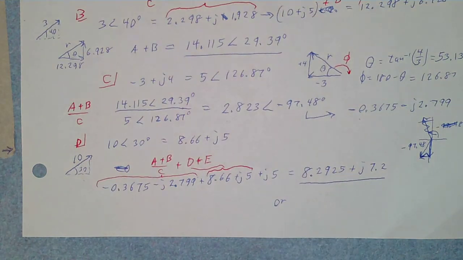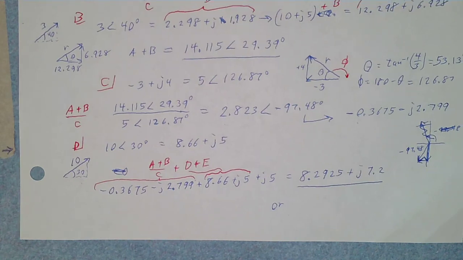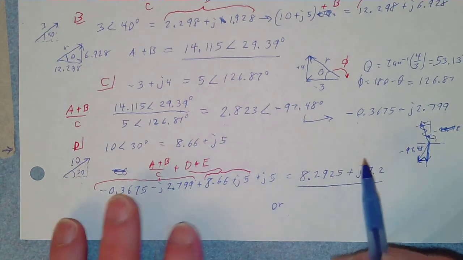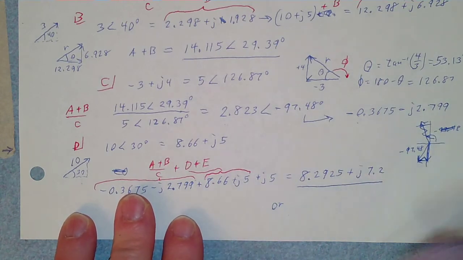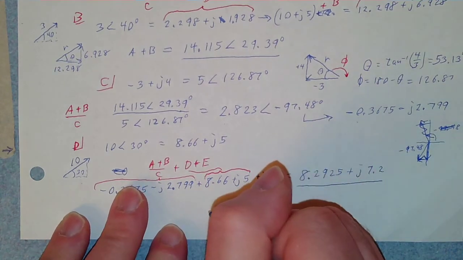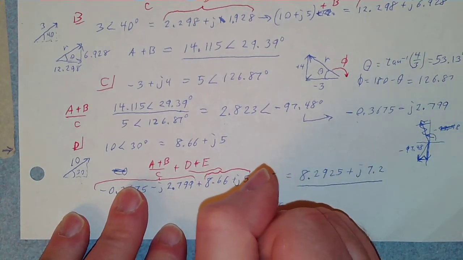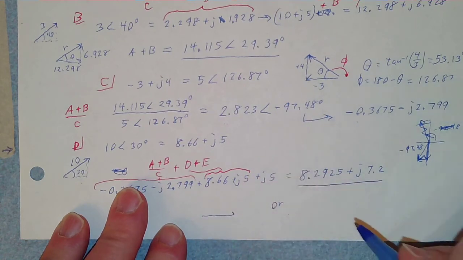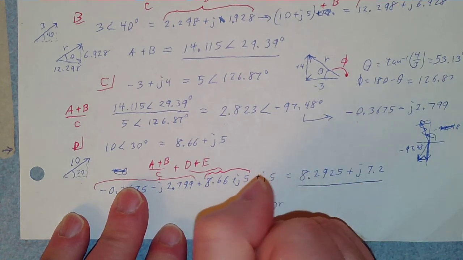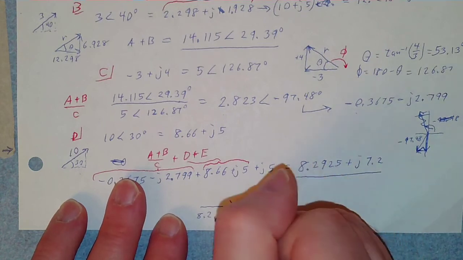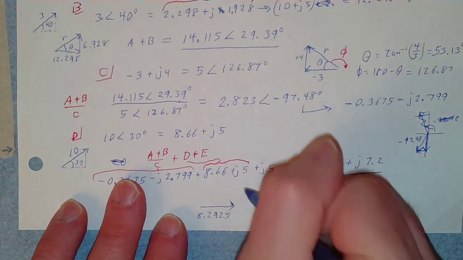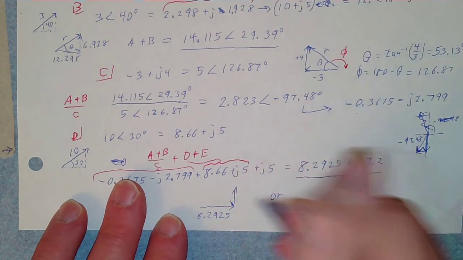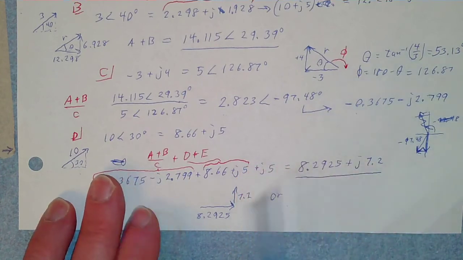I think I messed up the sign here. Let me check. My notes said minus, but it's actually a plus. So we have 8.2925 and 7.2.